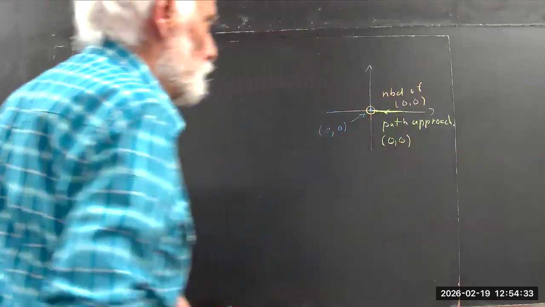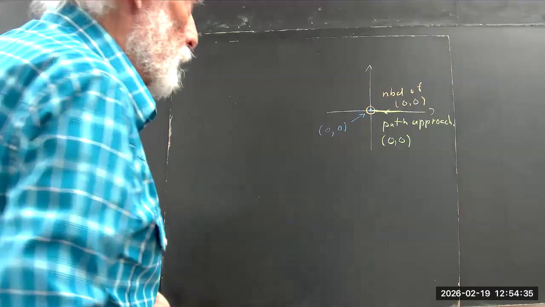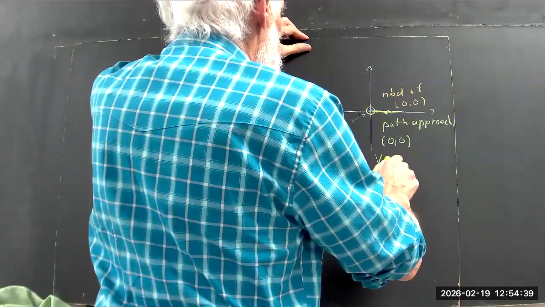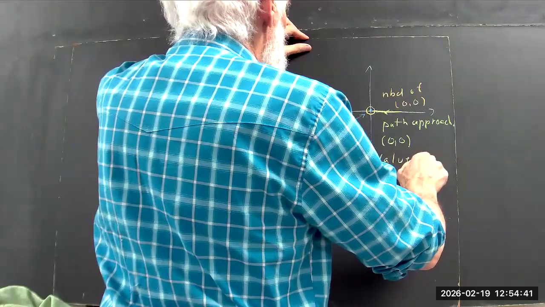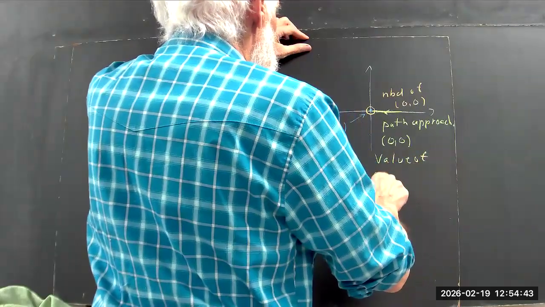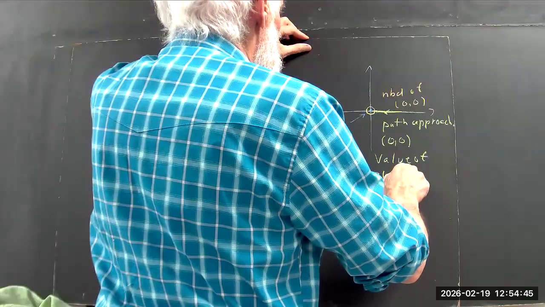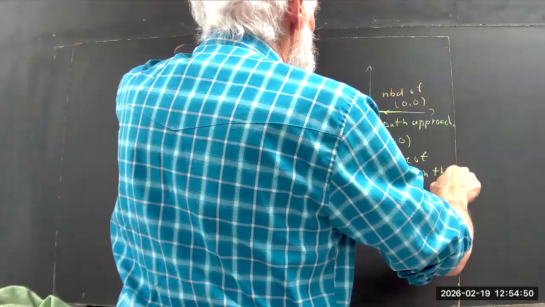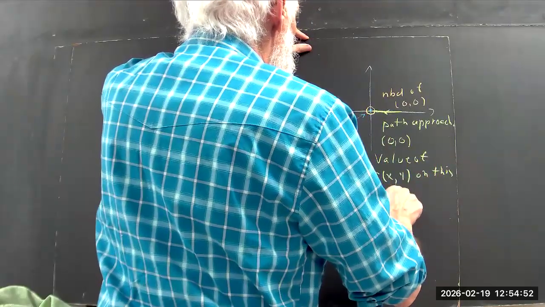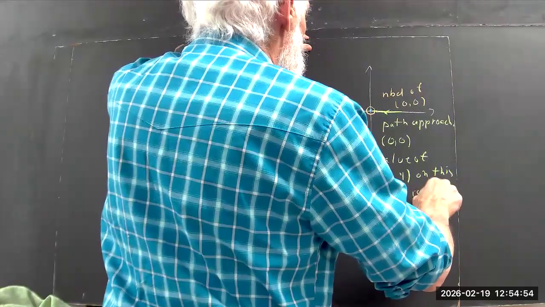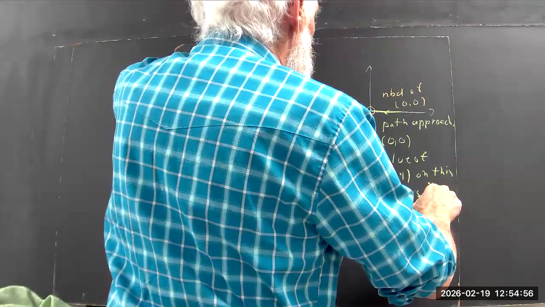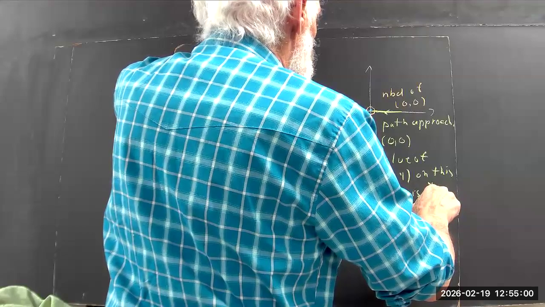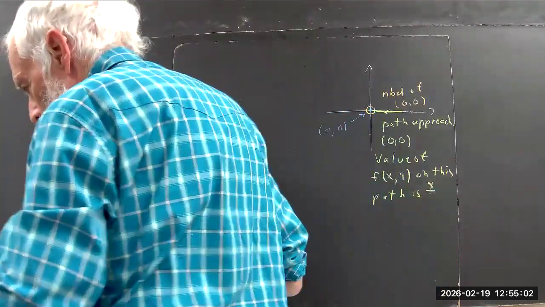Here's a path approaching (0, 0). Okay? I've got the wrong path. I did x over y, right?